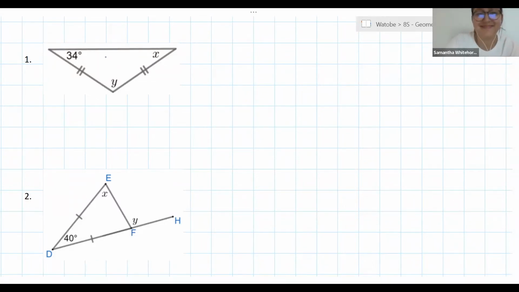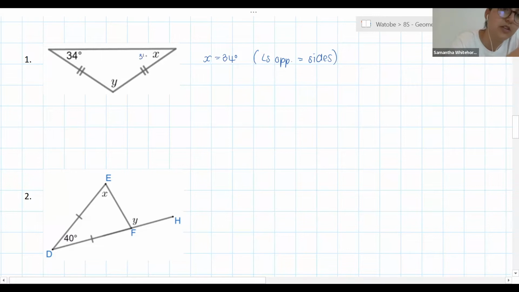Okay, for question 1, I said x equals 34 because the reason is angles opposite equal sides. Awesome. Yes, perfect. So we know x is 34 because it is the angle opposite those two equal sides that we were given. Fantastic.